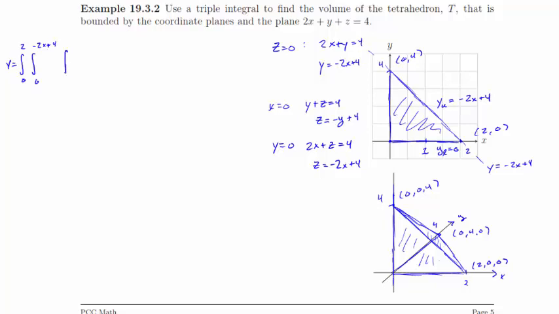And then in the z direction, if I solve for z here, I have z equals 4 minus 2x minus y as the plane that is bounding us above.